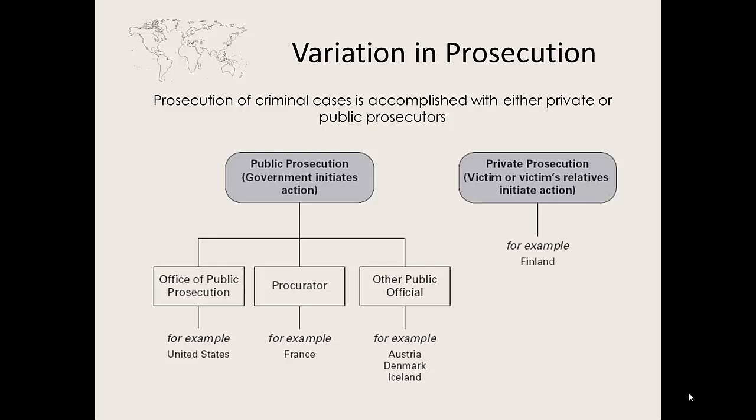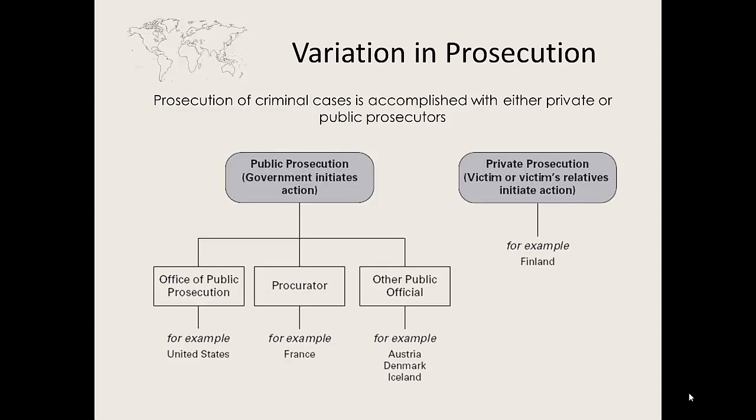The private prosecution is the oldest of the two general approaches. It allows, as I said, the victim or the victim's family to initiate the action. Finland is an example of such a situation. In Finland, because of some secondary prosecutorial rights that the Finnish law gives victims, it's possible for them to take action if the prosecutor decides not to prosecute the case.